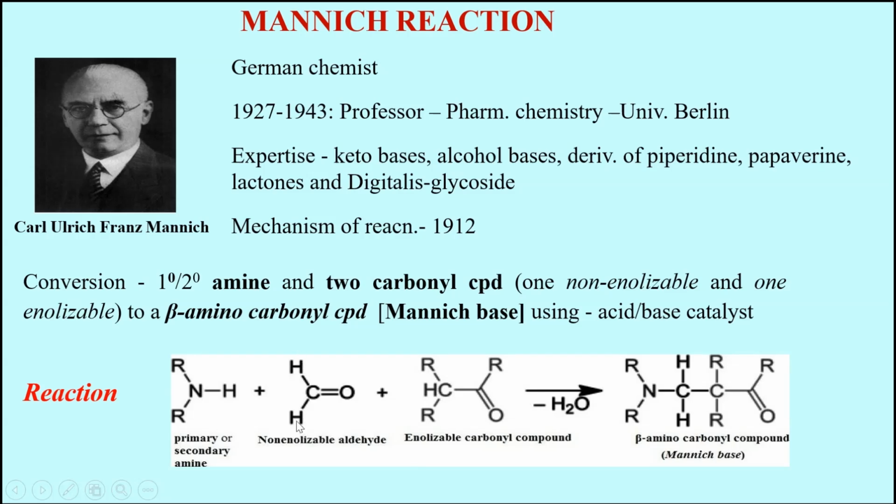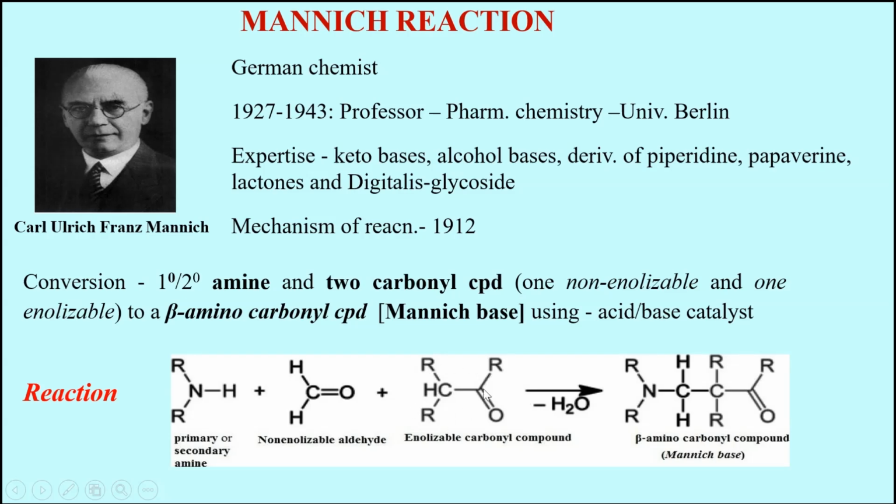This does not have carbon at the alpha position. Instead, it has hydrogen. That's why it is a non-enolizable aldehyde. And an enolizable carbonyl compound. Here there is a carbonyl compound. The adjacent carbon, that is the alpha carbon, has hydrogen in it. This can exist in the enol form too. That's why these are enolizable carbonyl compounds.